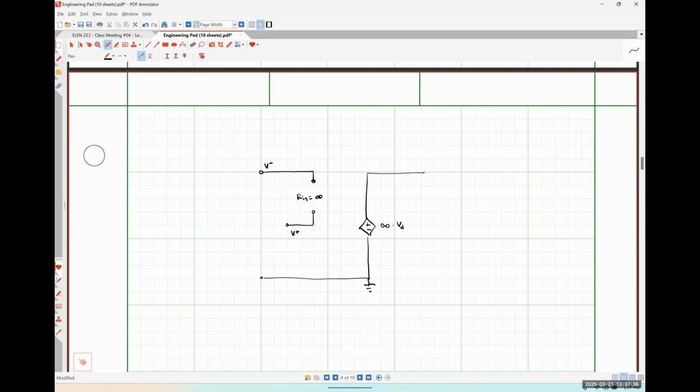I've got a short circuit where R out was supposed to be. So this is my implementation of R out is equal to 0. There's V out. Here's my load resistor. And I'll make this a 10 kilo ohm resistor.